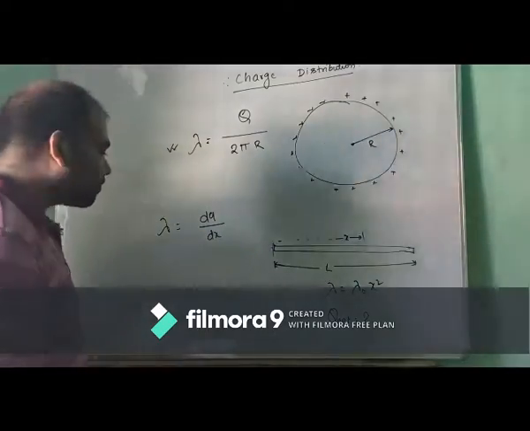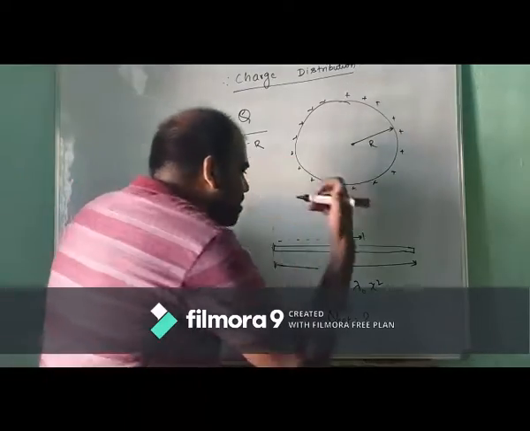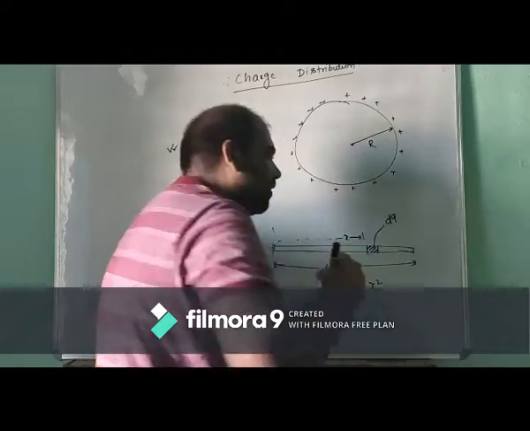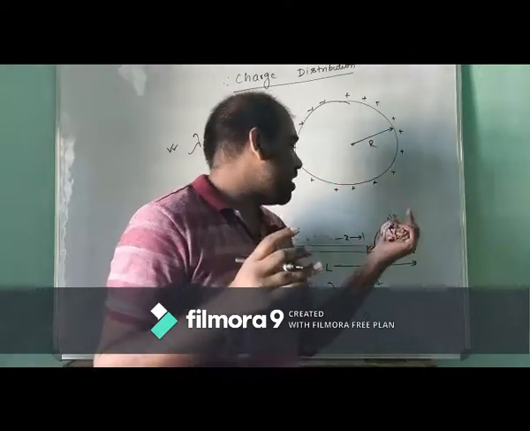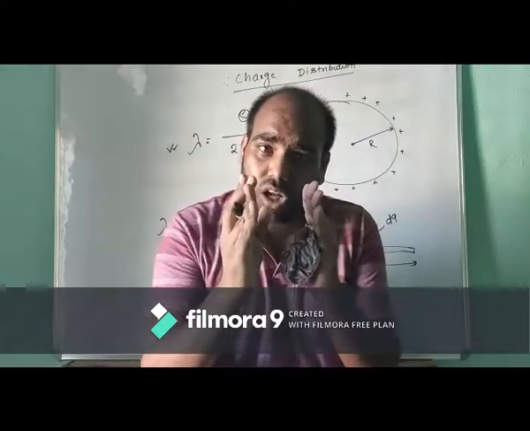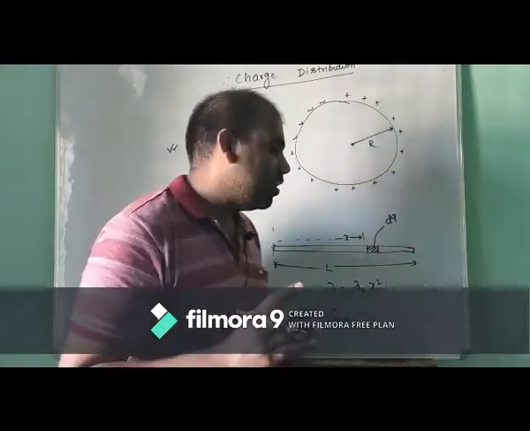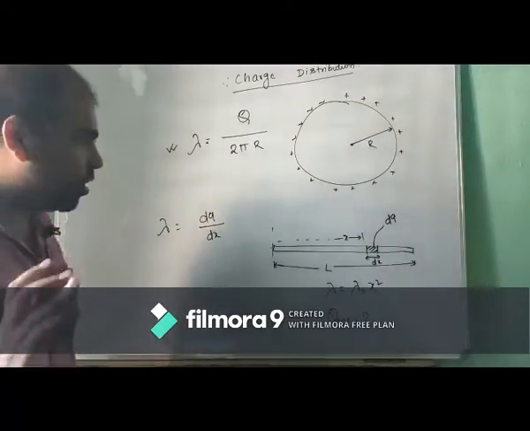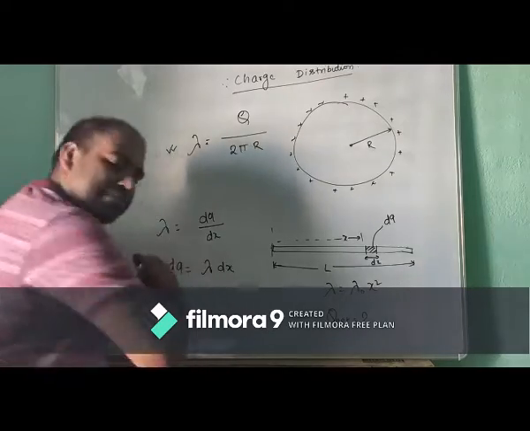Now in this derivation, we have taken a differential element and assumed that the charge in it is uniform. We have to take this differential element very small so that we can assume the charge is uniform in it, and I take its length to be dx. Now I have to write dq. We can write it as lambda times dx.